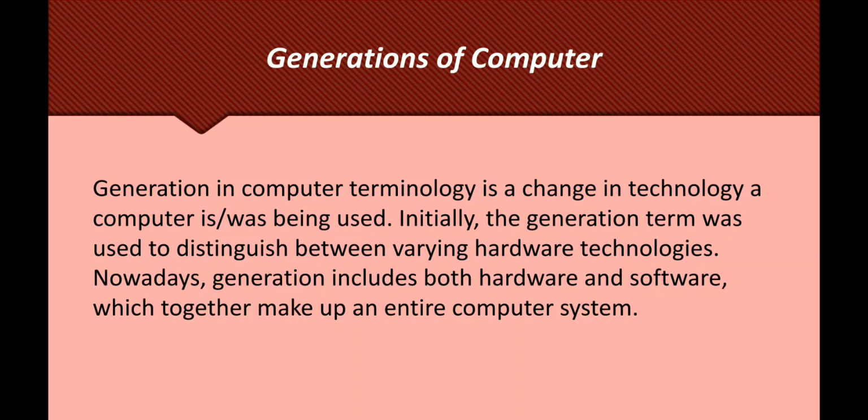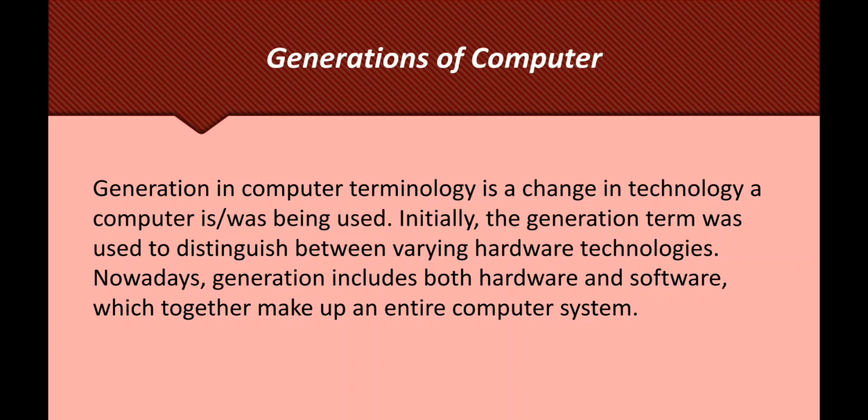Nowadays generation includes both hardware and software, which together make up an entire computer system. We know that there are two major components of the computer system: first the hardware and second the software. So the enhancement and modification in the hardware as well as the software, time by time, is known as the generation of these systems, right?